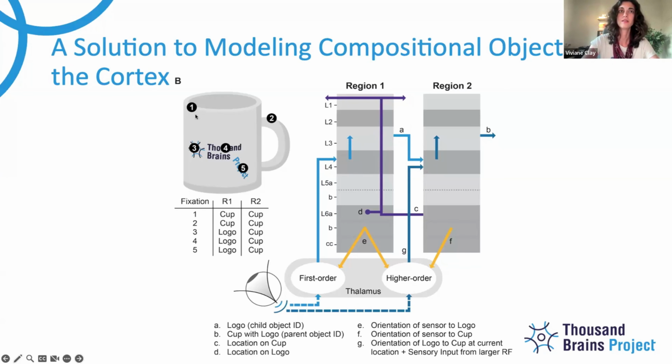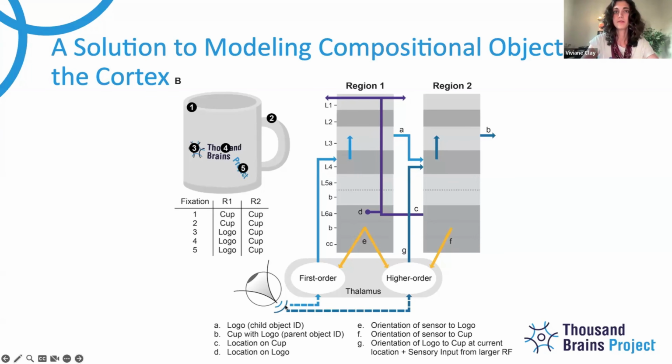So at fixation 1, both regions would be representing the cup. Fixation 2, both regions are representing the cup. Fixation 3, the lower region would represent the logo, the higher region would represent the cup. Together they would learn the logo on the cup. Same for fixation 4 and 5, whereas at fixation 5, the orientation of the logo would be different.